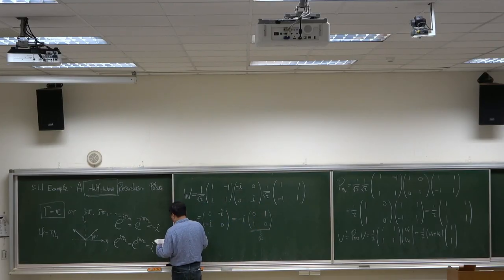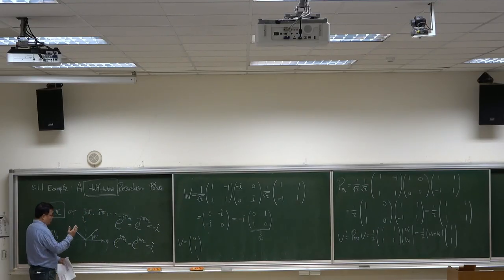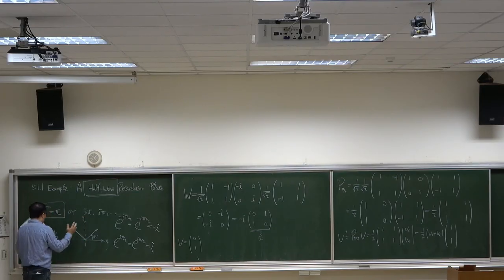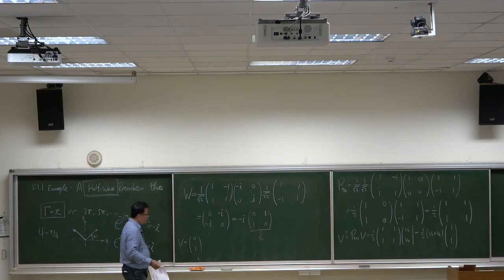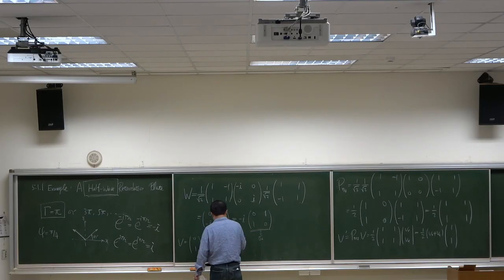So if we choose v to be (0, 1), usually we choose the polarization of the incident light to be along the y direction, y polarized light, and we set psi to be 1/4 pi, we can find the final polarization state.